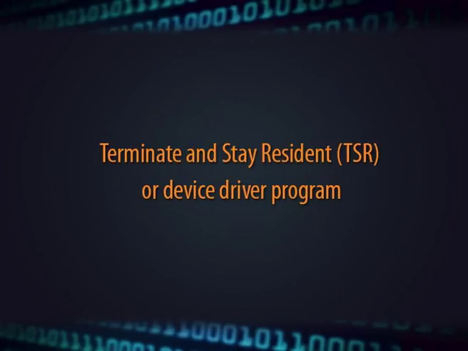This approach has the advantage that the emulator can reside as a device driver in the memory and share a common code across multiple programs needing the emulator. This implies that the emulator code need not be included in the program code, but can be loaded once as a terminate and stay resident program (TSR) or a device driver program and then used by every program that requires a coprocessor.